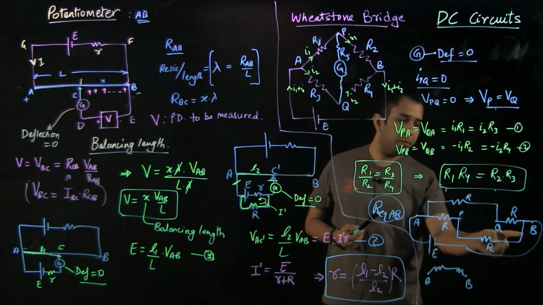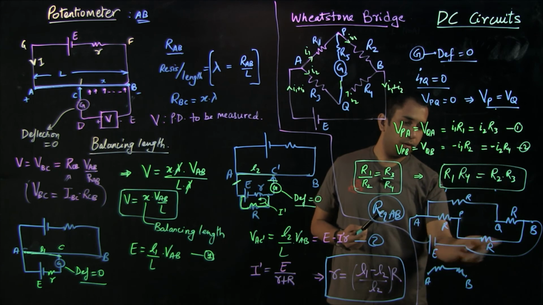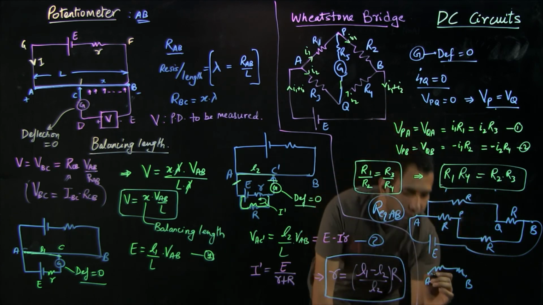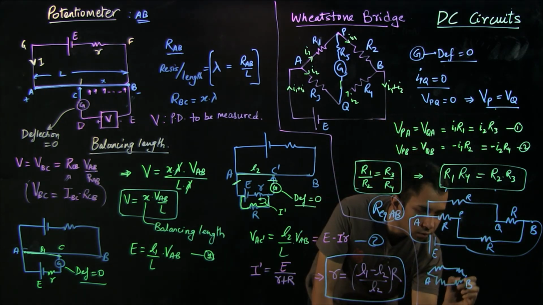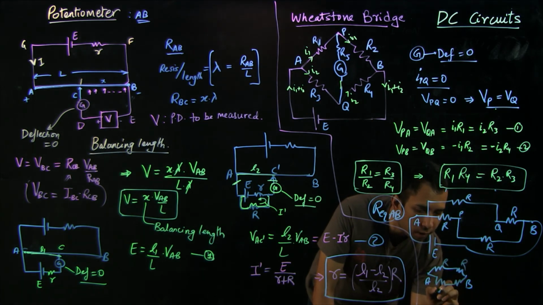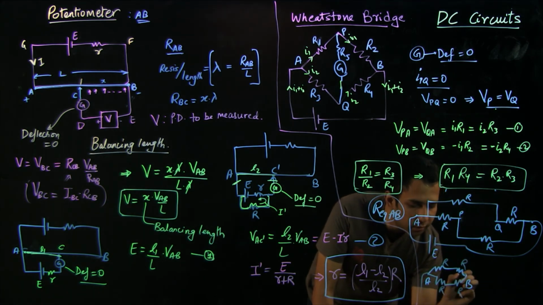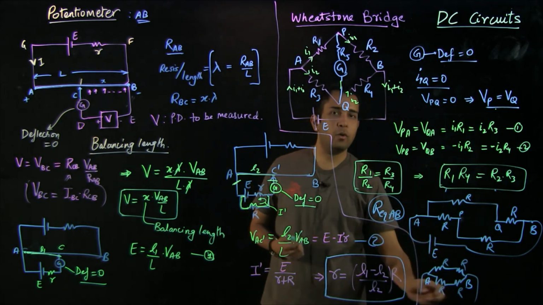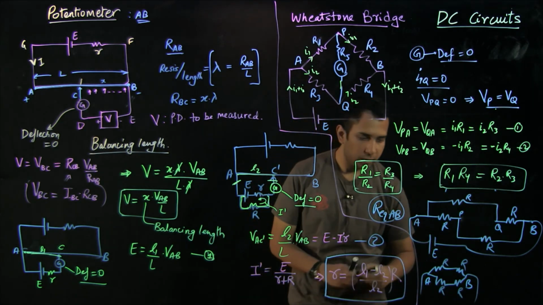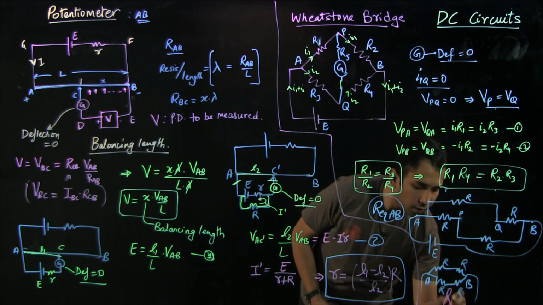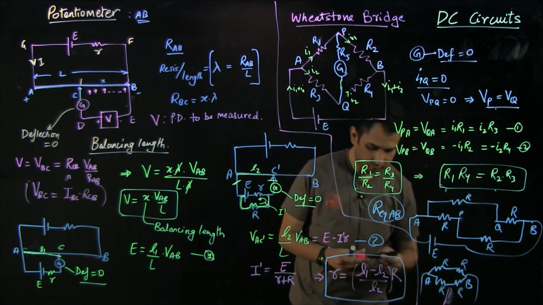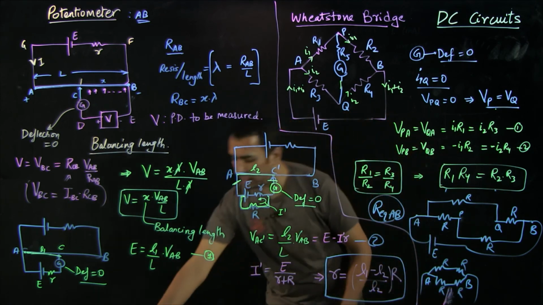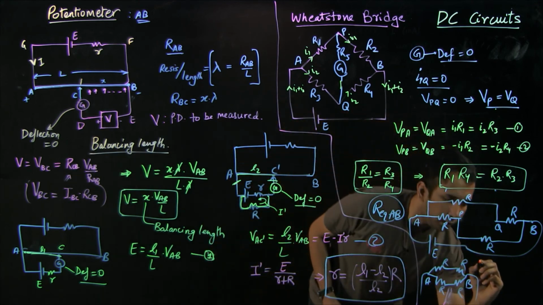Similarly, between A and B, again two resistors are in series, and these are in parallel, and then the rest of the circuit. So we can easily find that 2R and 2R in parallel give us R equivalent. This gives us that the R equivalent is R.